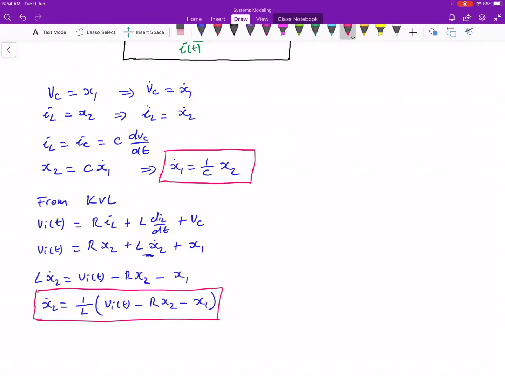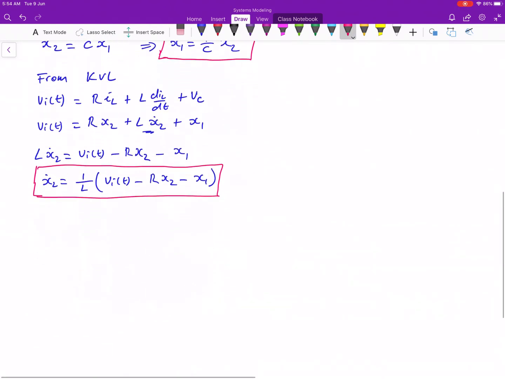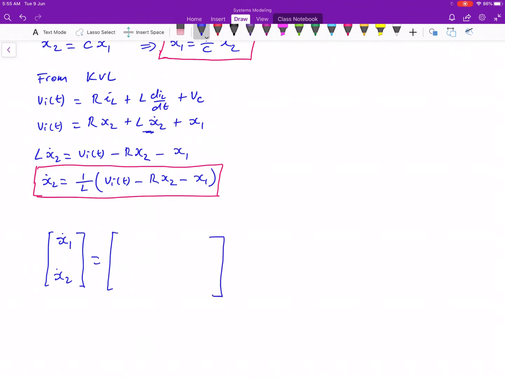So we are going to rewrite that: X1 dot, X2 dot is equal to our A matrix, let me make it as big as possible, times our state variables X1, X2, plus our input, which was our input voltage.